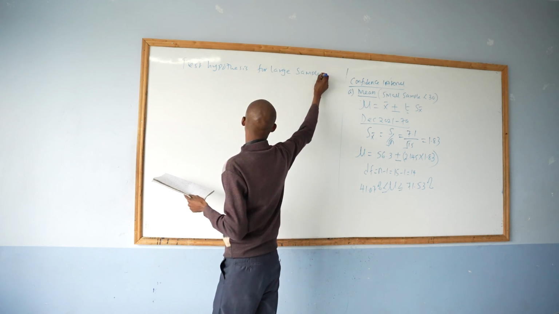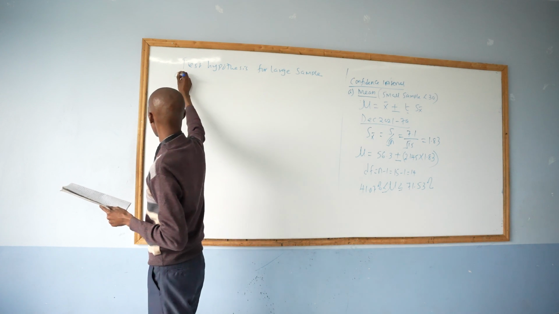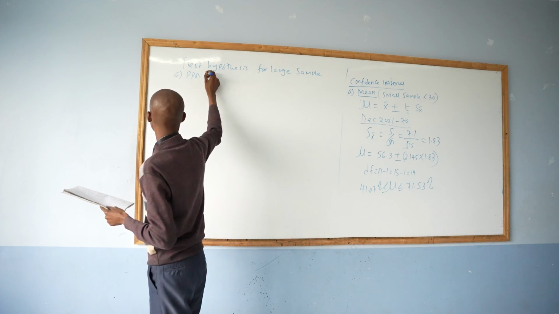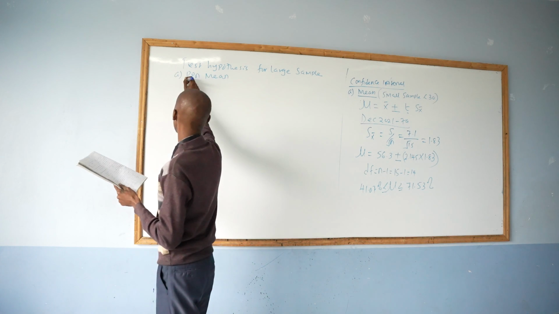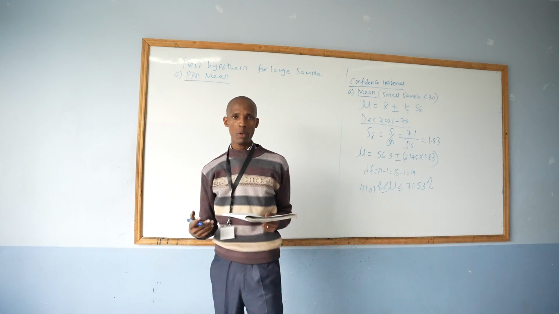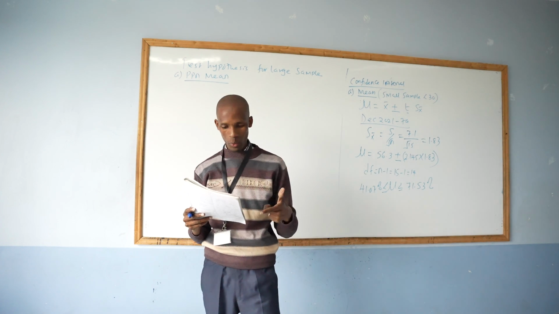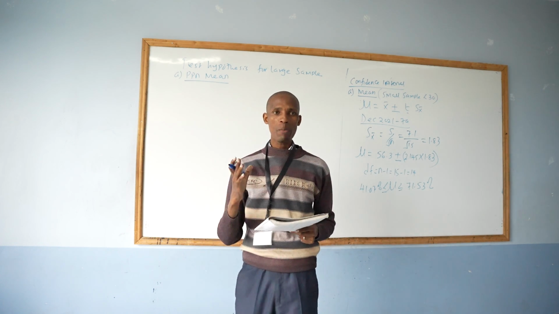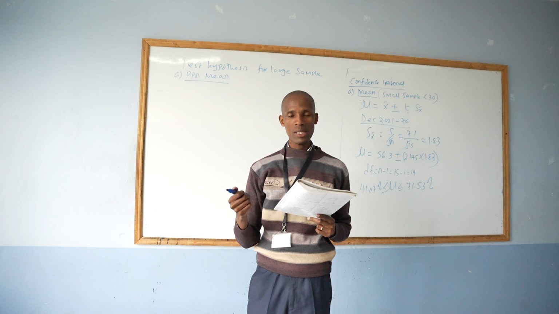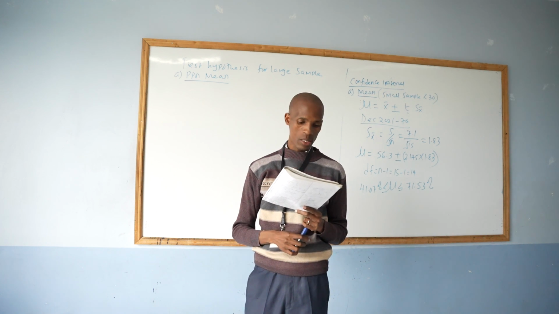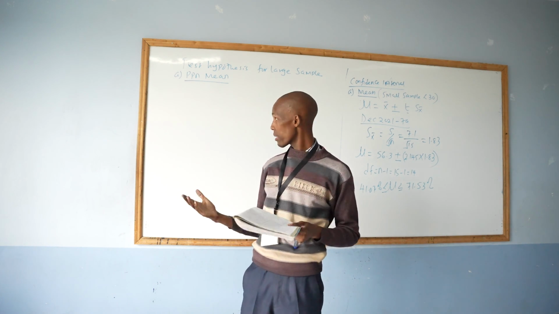For large sample, we start with what we call the population mean. Actually, we are going to measure the population mean because that's what most of the questions are about. So the procedure: you state the null and alternative hypothesis, then the level of significance.